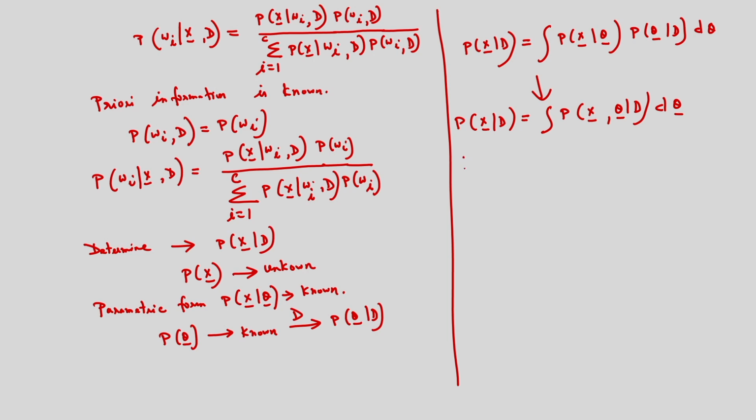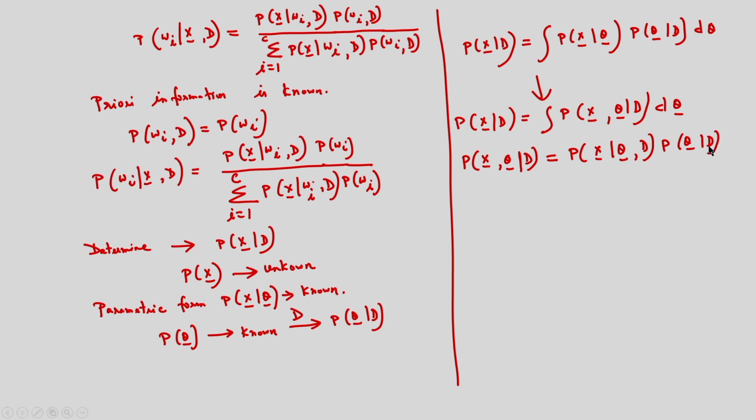This probability of x, theta given D is nothing but the probability of x given theta, D times the probability of theta given D.